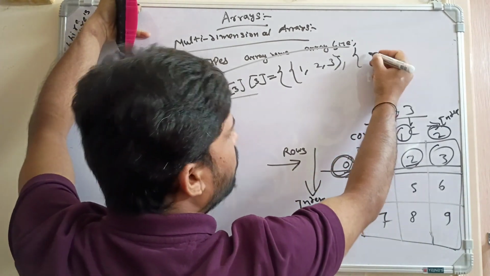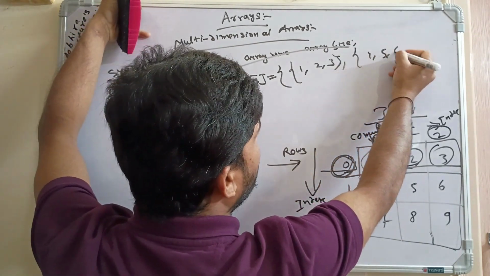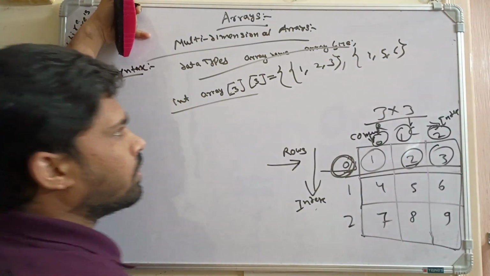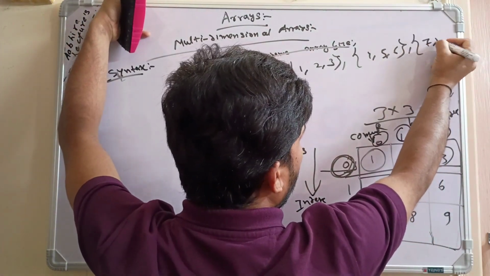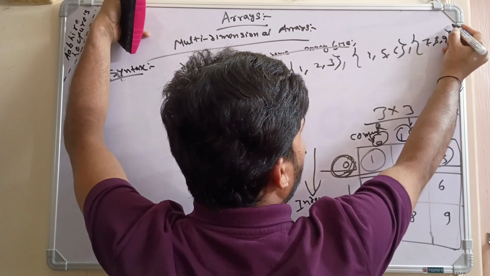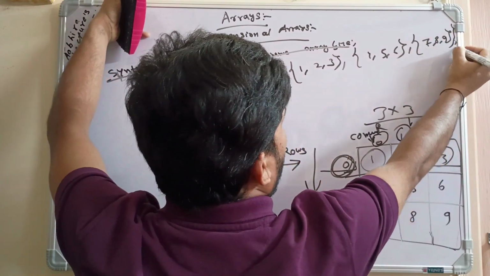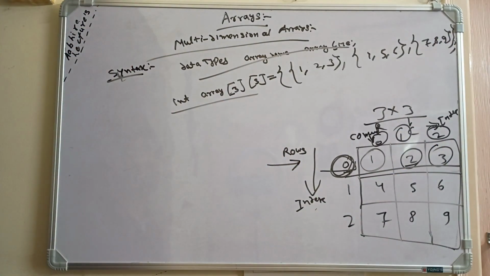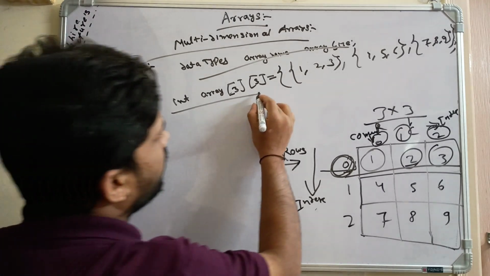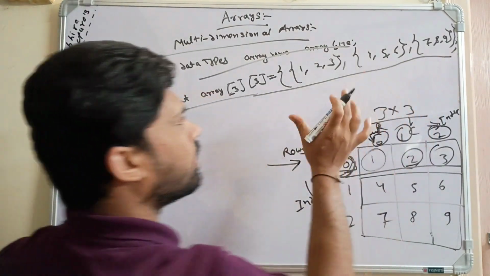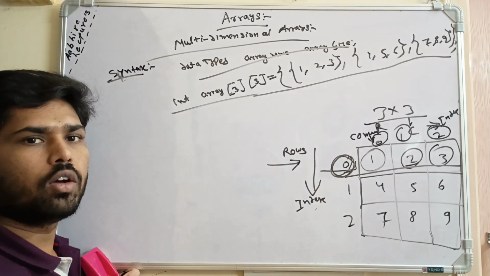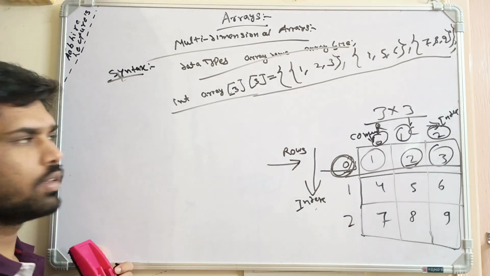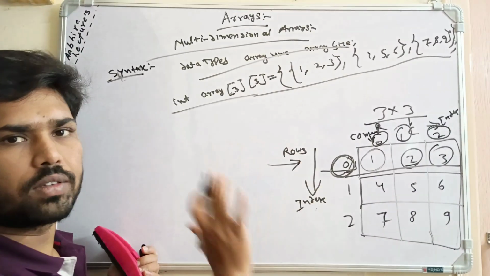Again 4, 5, 6, the second row. Next the third row, 7, 8, 9. Close the main bracket. Semicolon. So this is the declaration and initialization of a two-dimensional or multi-dimensional array. I hope this is clear.